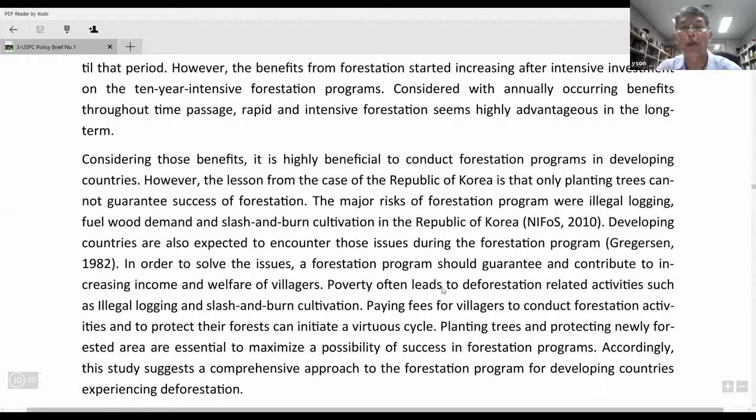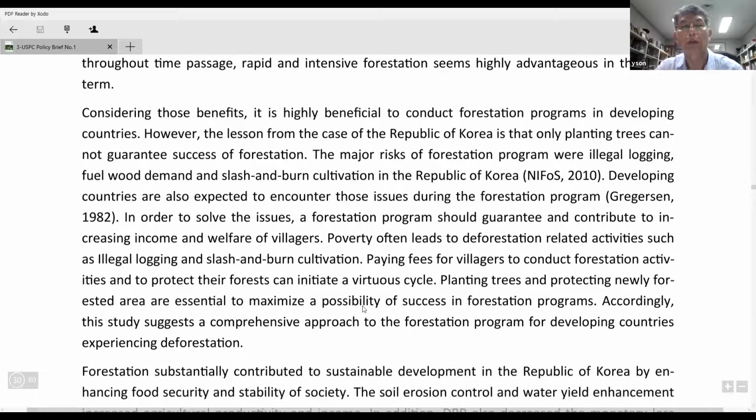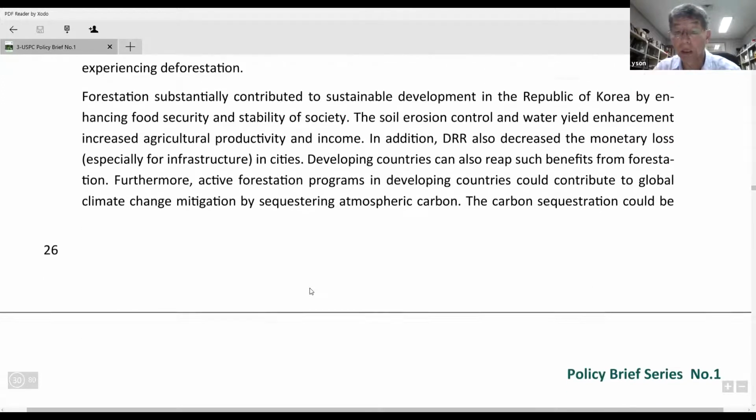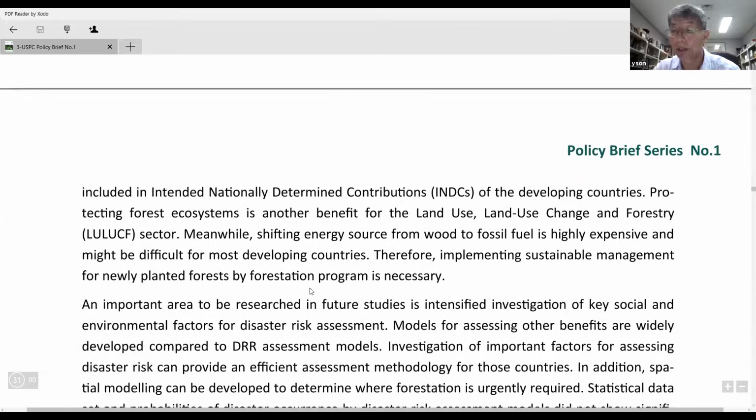Poverty often leads to deforestation-related activities such as illegal logging and slash and burn cultivation. So we have to pay attention to the income and welfare of local people. Okay, that's a good point you should remember.